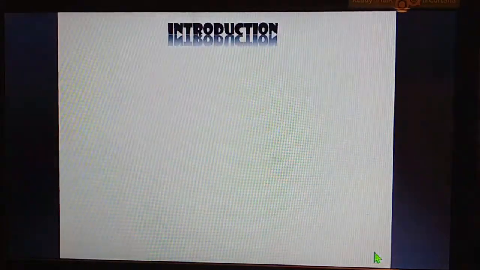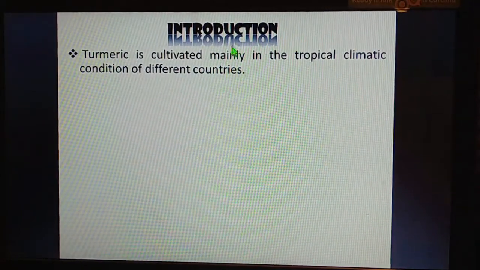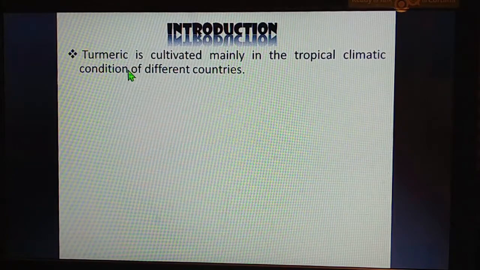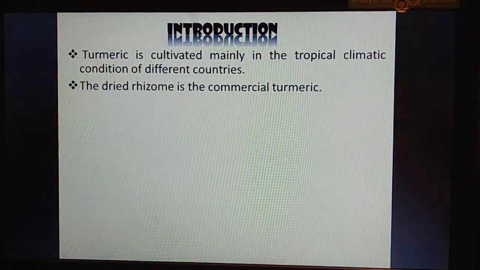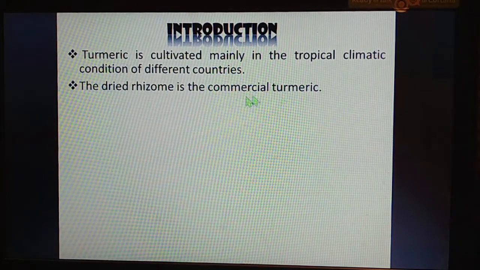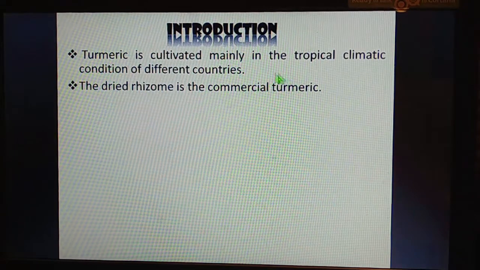Coming to the introduction, this turmeric plant is cultivated mainly in the tropical climatic conditions of different countries, and the dried rhizome is the commercial turmeric, that is, the powdered rhizome, powdered turmeric.